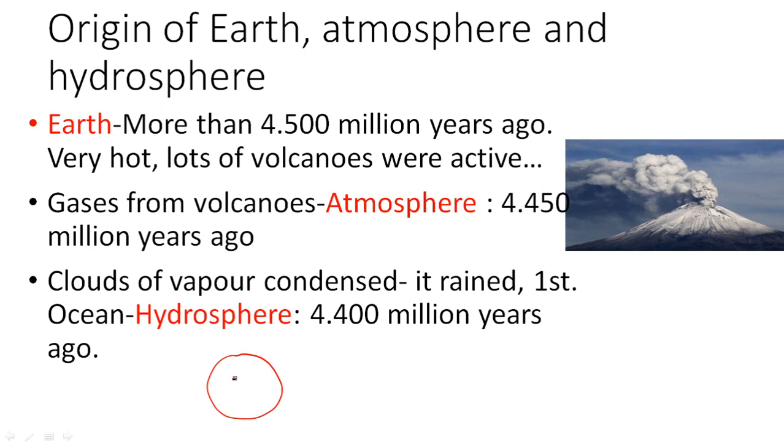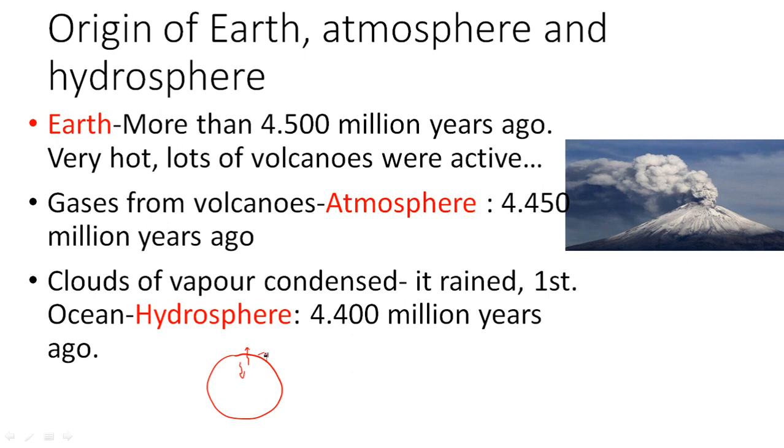La Tierra hace 4.500 millones de años estaba fundida, so it was very hot, and as you know, the denser substances were attracted to the center of the Earth, and the lighter substances went to the outer parts of the planet. These light substances were, for example, gases.